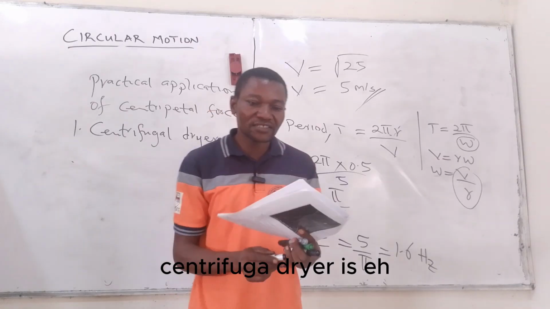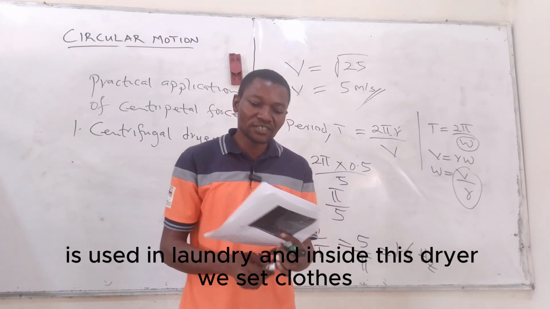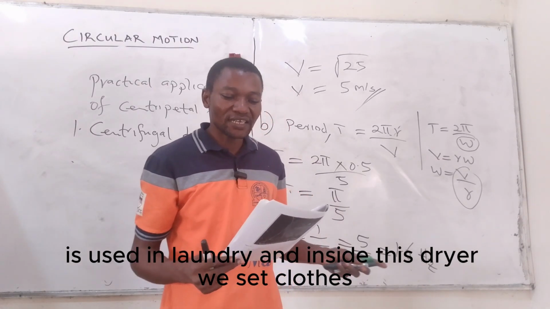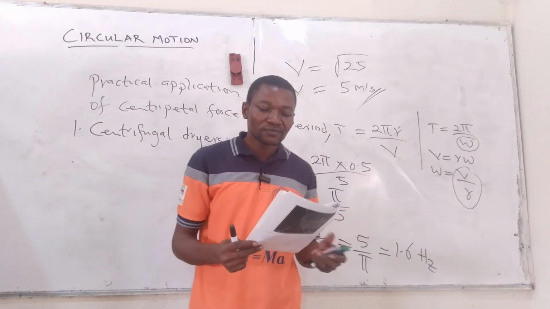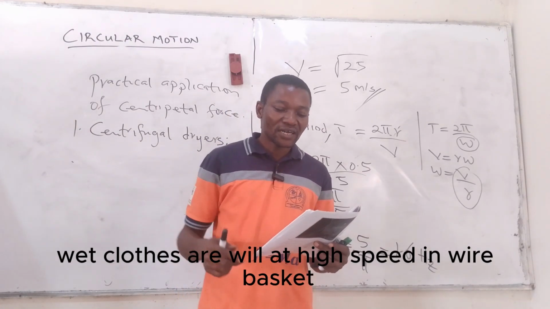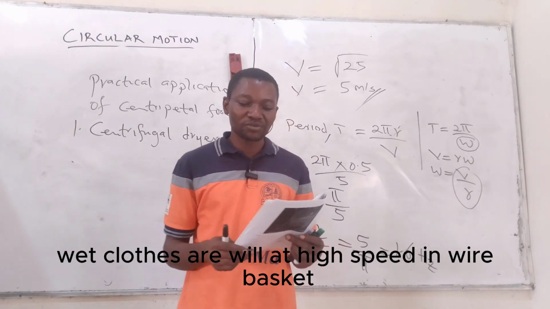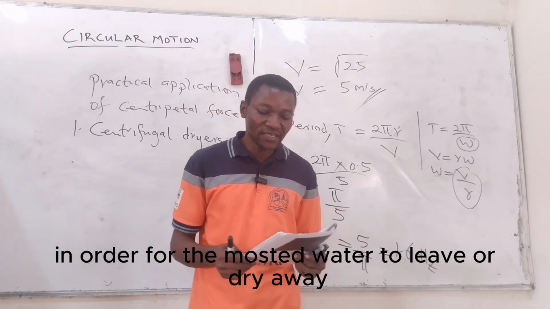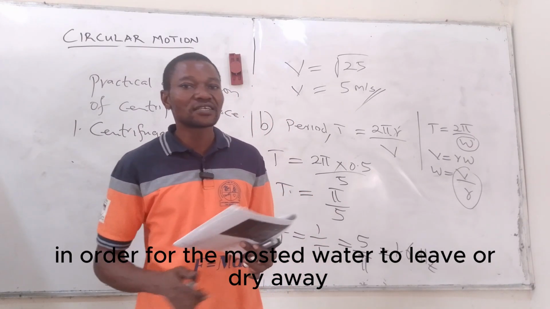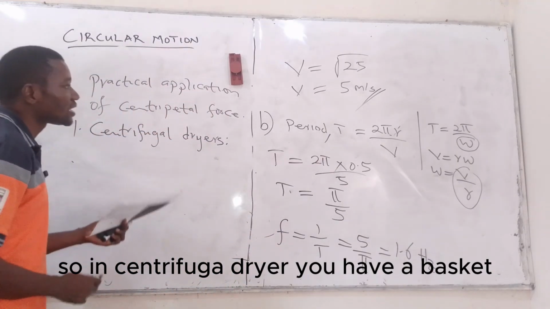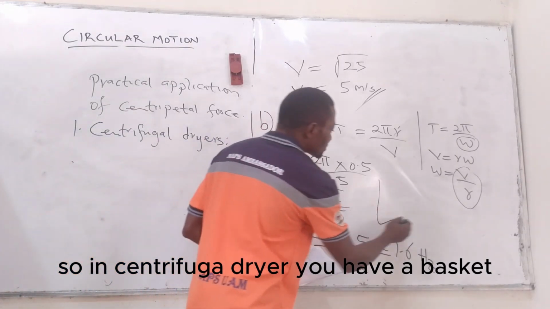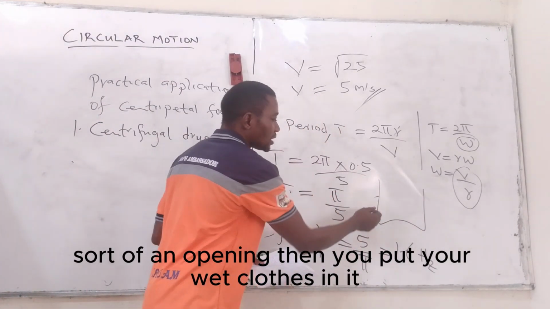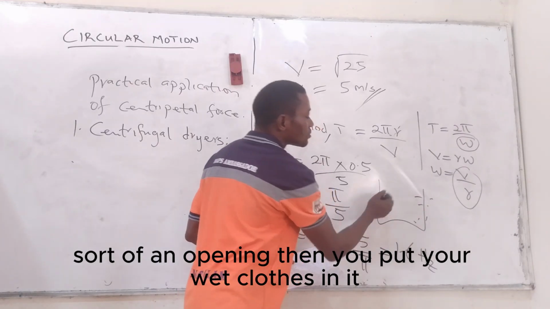Centrifugal dryer is used in laundering, and inside this dryer we set clothes. Wet clothes are whirled at high speed in a wire basket in order for the moisture or water to leave or dry away. So in a centrifugal dryer, you have a basket, sort of an opening, then you put your wet cloth in it.